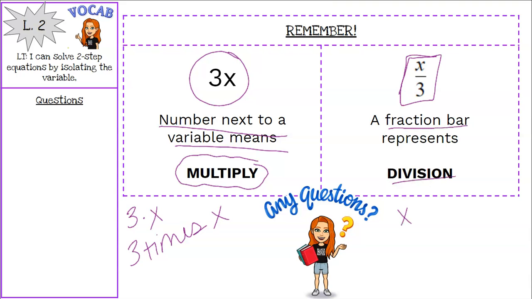So we can read that as x over 3 or x divided by 3. Either one is an appropriate way of speaking that symbol.